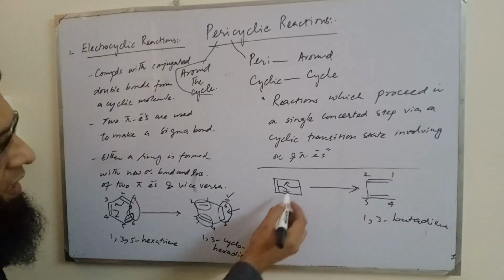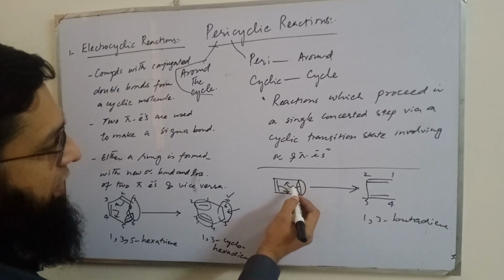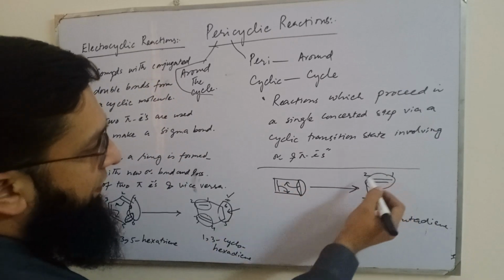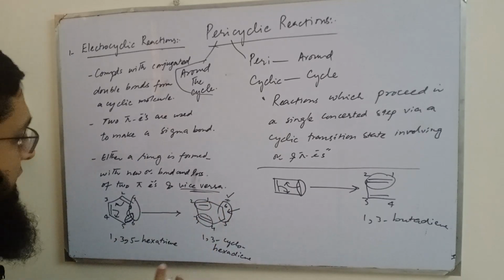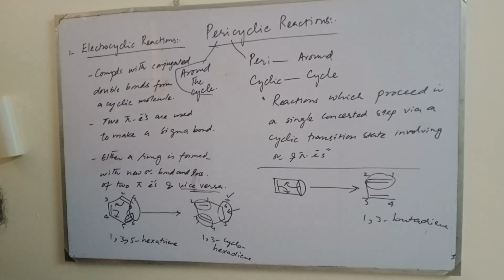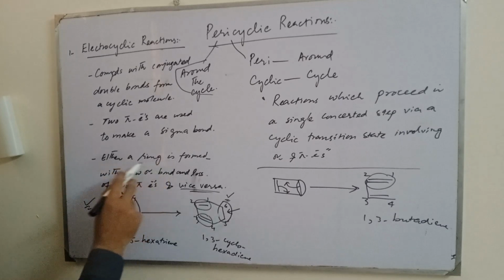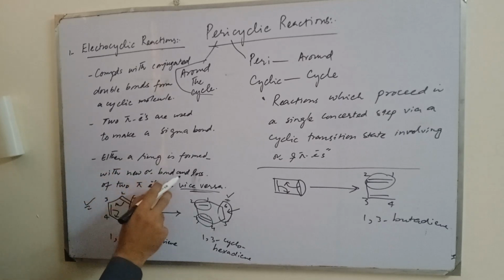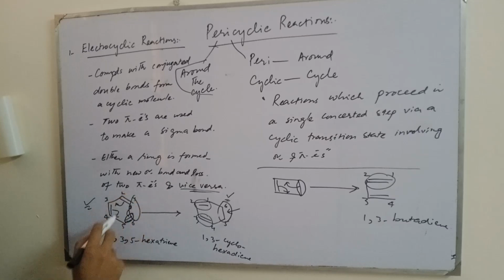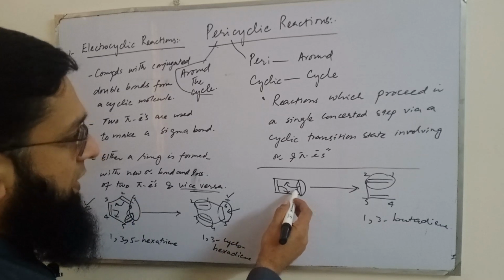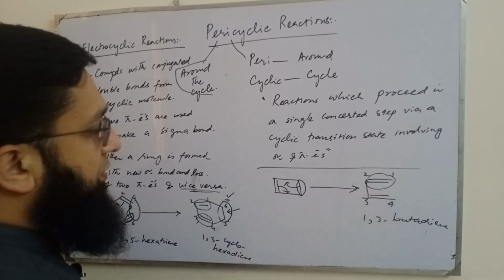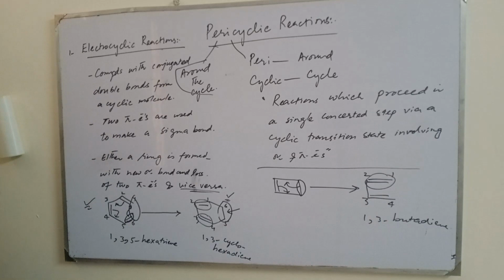In this case a sigma bond is converting into 2 pi electrons, which is the explanation of vice versa. So it can occur in 2 ways: electrocyclic ring closing, which involves ring formation with a new sigma bond and loss of 2 pi electrons, and electrocyclic ring opening, where a sigma bond is broken and we get 2 pi bonds. So these are electrocyclic reactions.